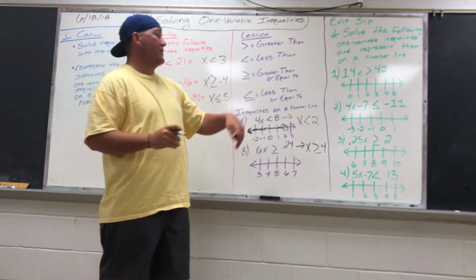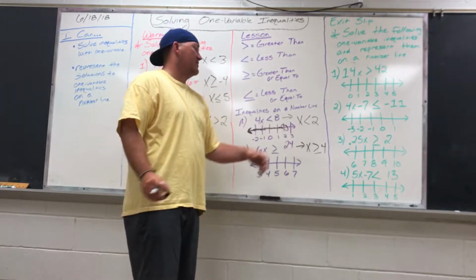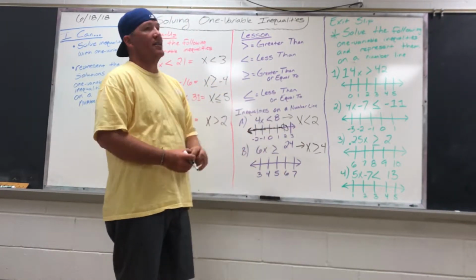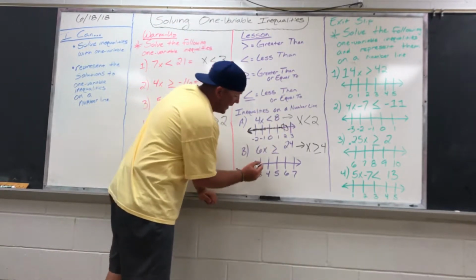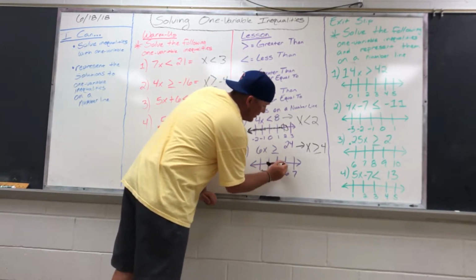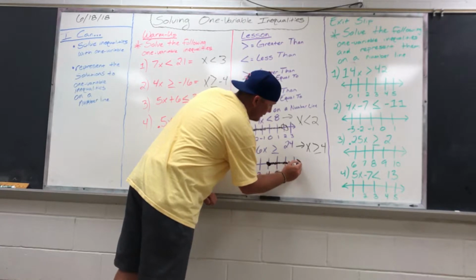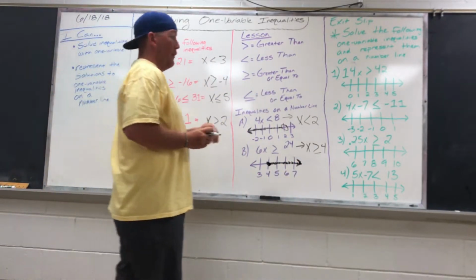The difference in the signs makes the difference in whether your point is solid or open. So it would be a solid point at 4. They would fill that in, and it's greater than, so they would shade the numbers on the number line that are greater.